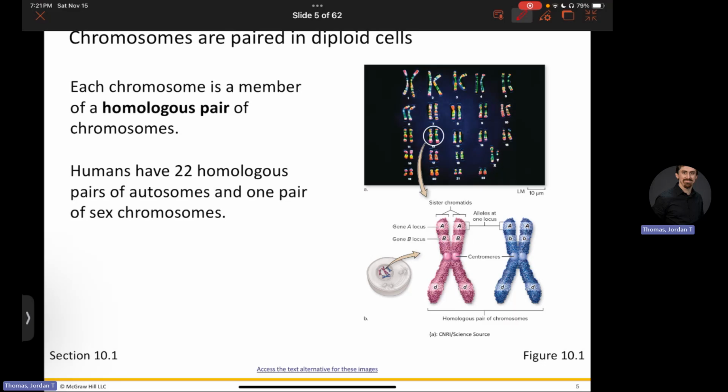Chromosomes are paired in diploid cells. Each chromosome is a member of a homologous pair. Humans have 22 homologous pairs of autosomes and one pair of sex chromosomes.